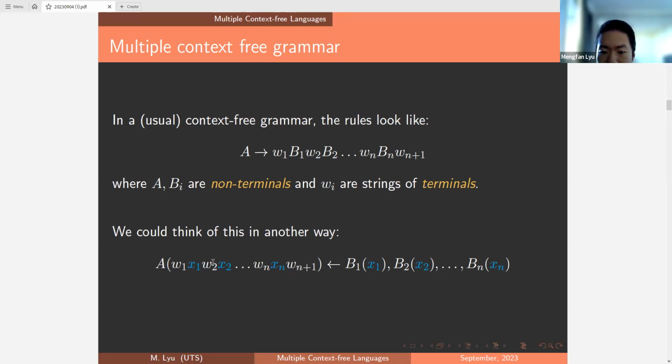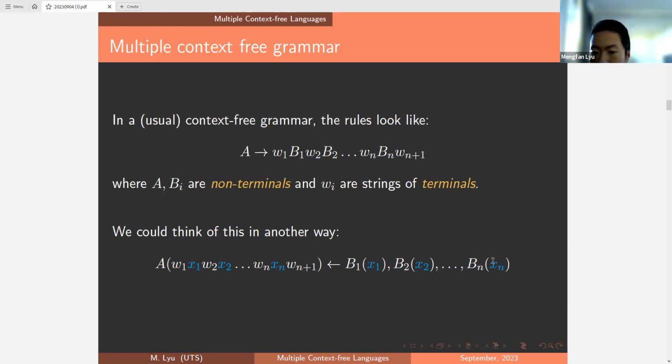So we regard A and B1, B2 up to Bn as functions. Then the variables should be in a similar form, like w1, which is a value, and X1 is the variable for B1, and X2 is the variable for B2, and so on.